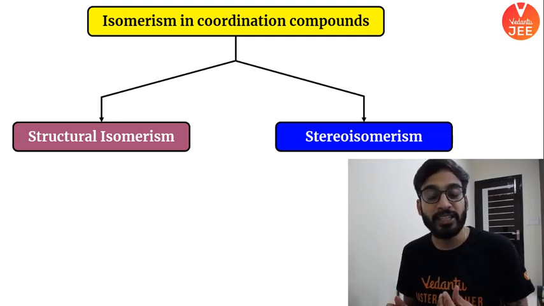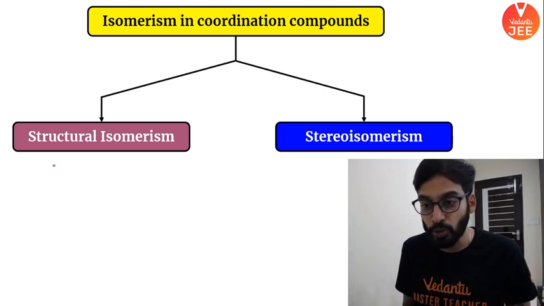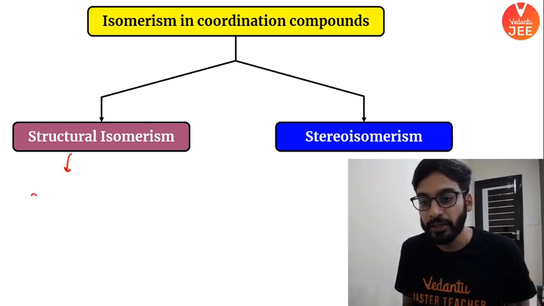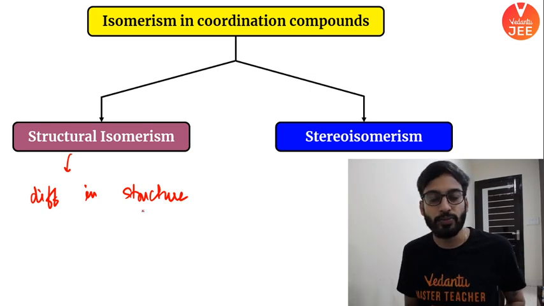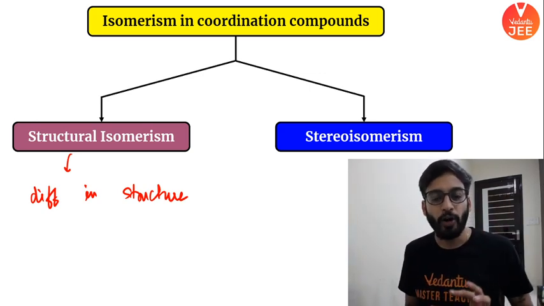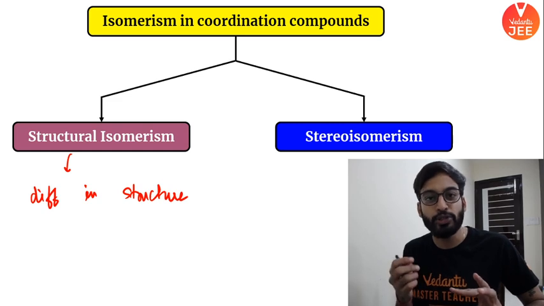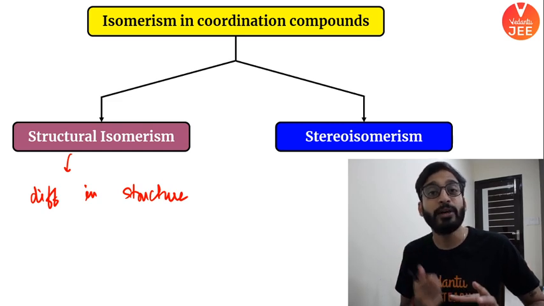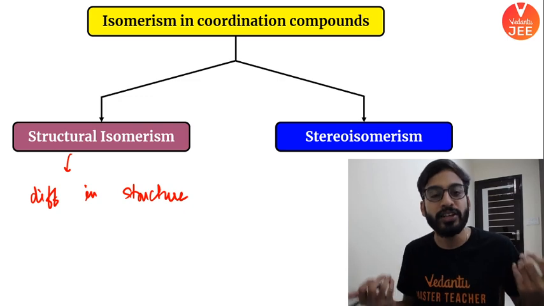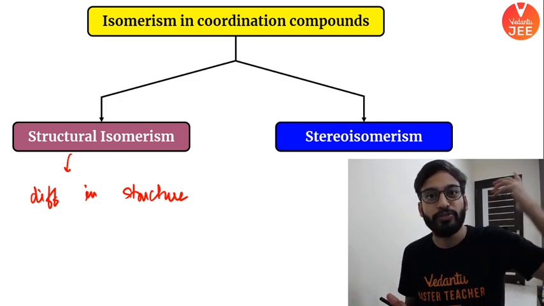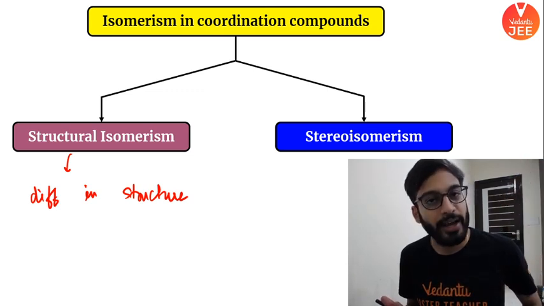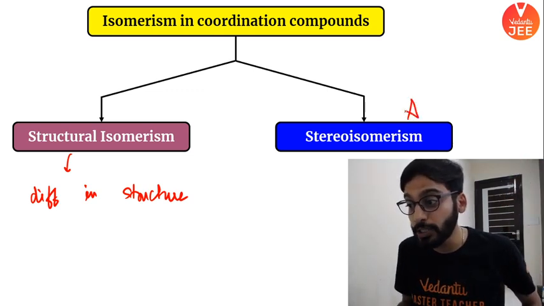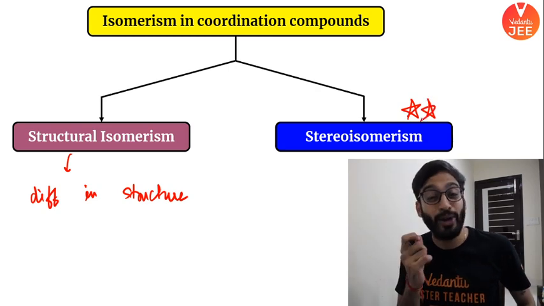If this connectivity is causing a difference in structure, giving you two different structures, but yes, molecular formula is same, you will say, sir, it is structural isomerism. Stereoisomerism is quite different and quite interesting.